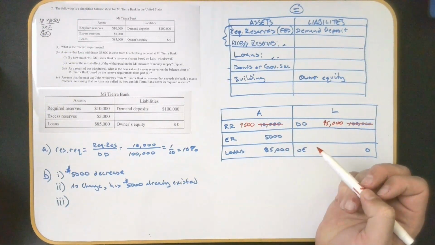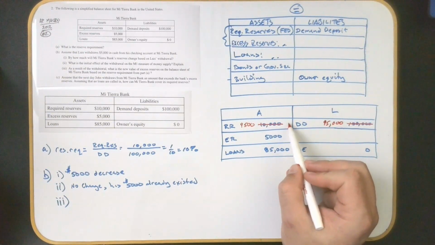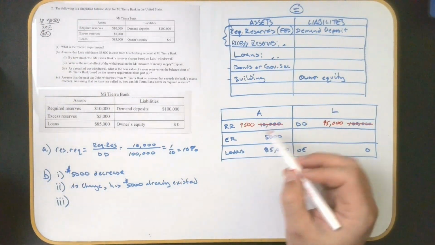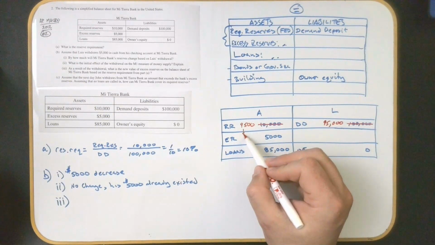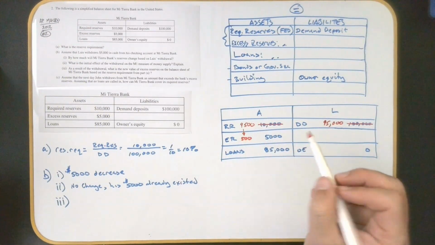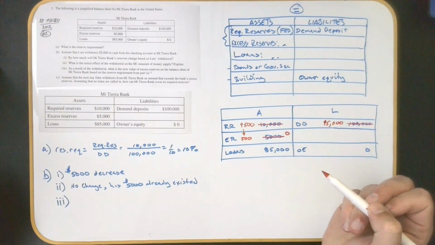Okay? Well, that $9,500 means we had $500 extra left in here. Well, what you do with your extra money out of required reserves is you put it into excess reserves. And the $5,000 was taken from right here, so that goes down to 0.